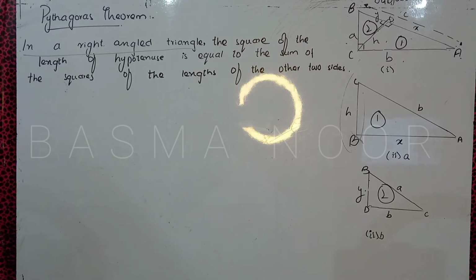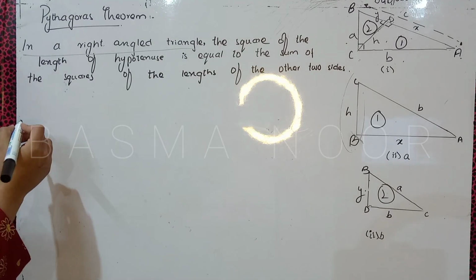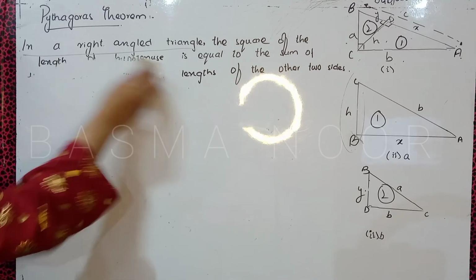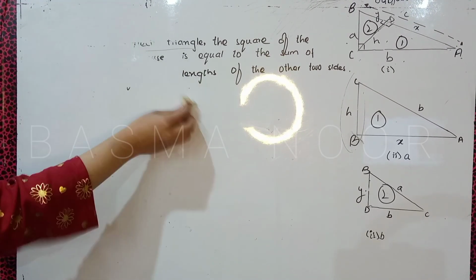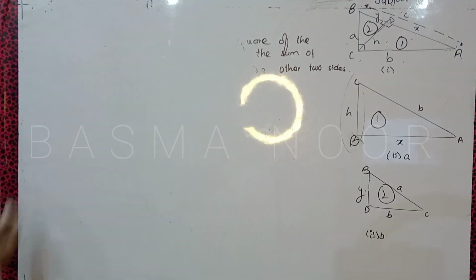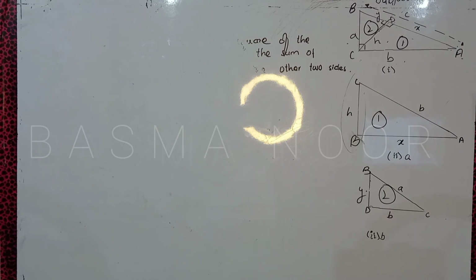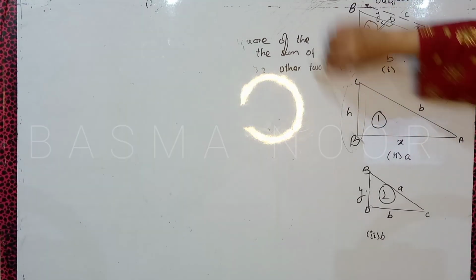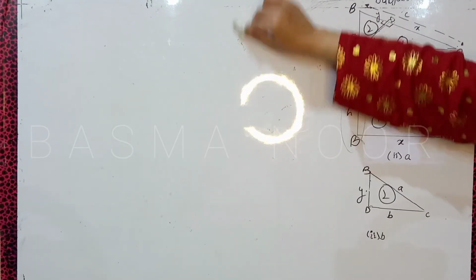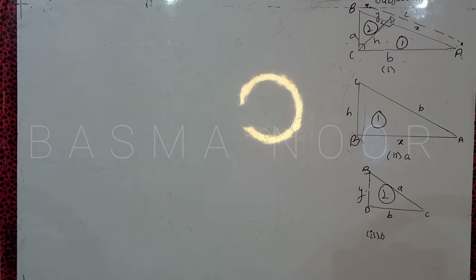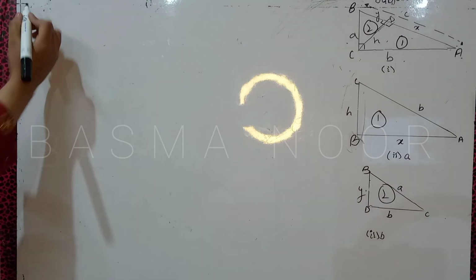Now I think I should erase the statement also, because it's taking too much space and we don't have a large board, so we're gonna manage on this small board. This part I'm gonna also erase. So we're gonna prove this theorem, and here I'm gonna write this proof.